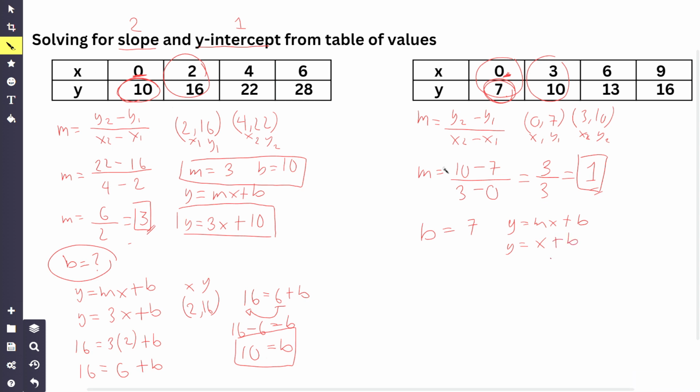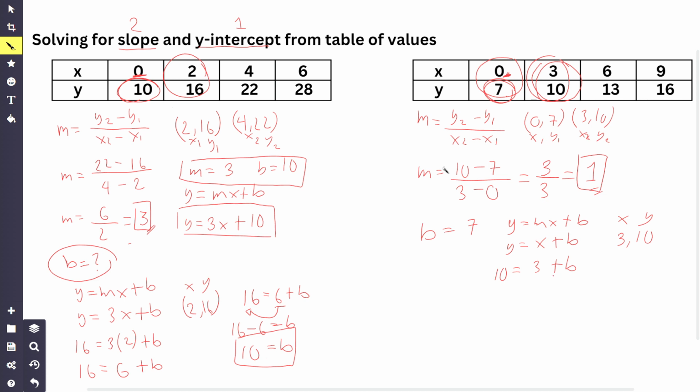Okay, what do we need to do next? We need to get a point. Let's say we get the point 3, comma 10. This is x, this is y. What do we do now? Substitute. y is 10 equals x is 3 plus b. Without using any math here, 10 equals 3 plus b.